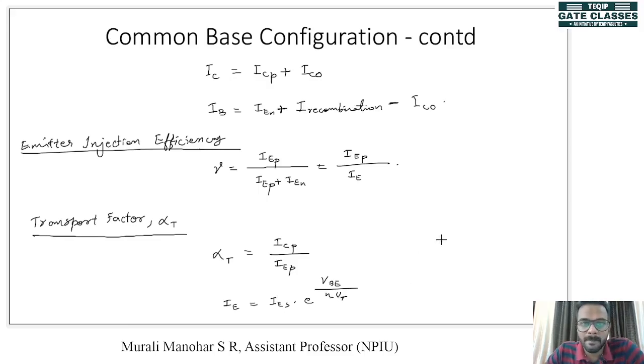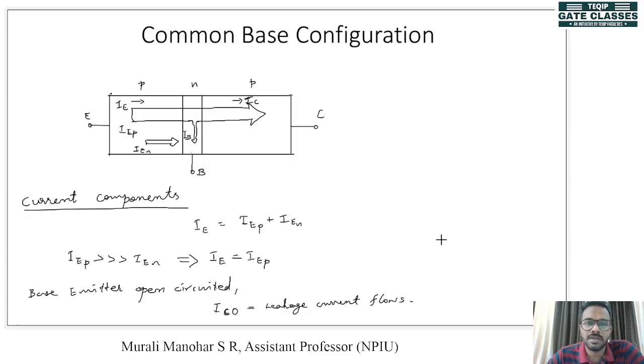Also we know that IE is equal to IB plus IC. These are some current relationships in PNP transistor in common base configuration. These relations will hold in other configurations also.